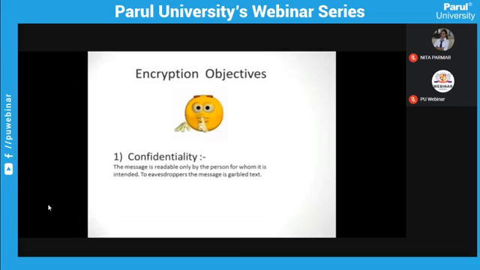No one other than the actual receiver should be able to receive this message and understand it. Even if in between, an eavesdropper intercepts the message, he or she cannot understand the meaning of the plain text, because it will be garbage text.